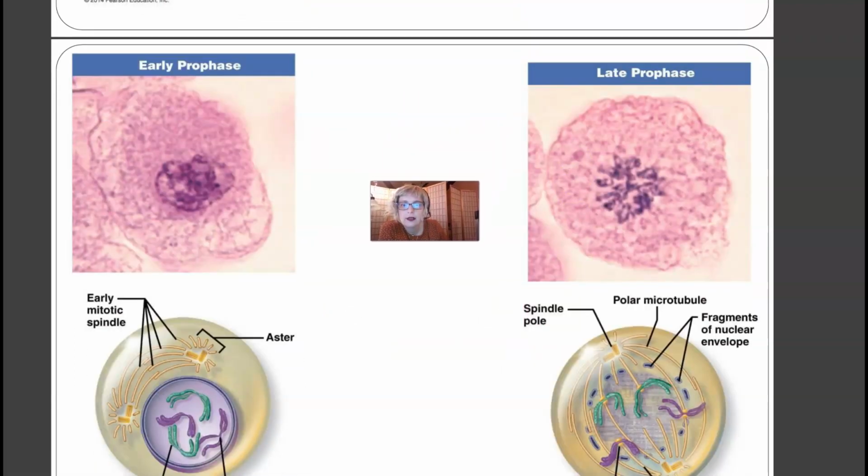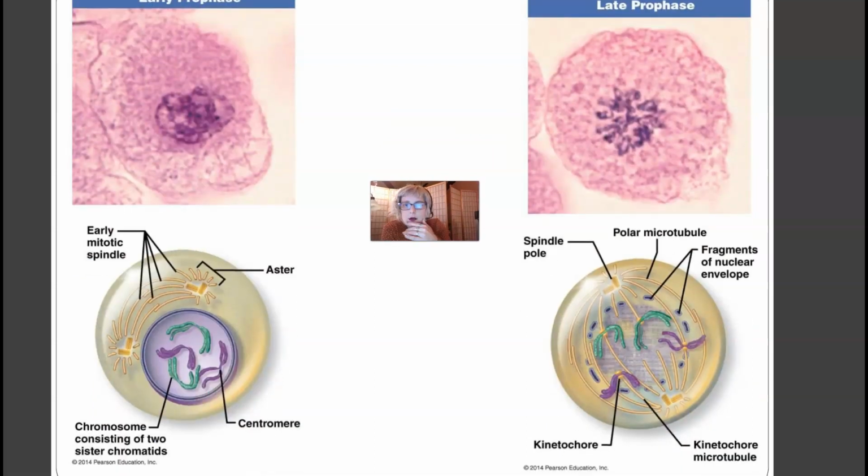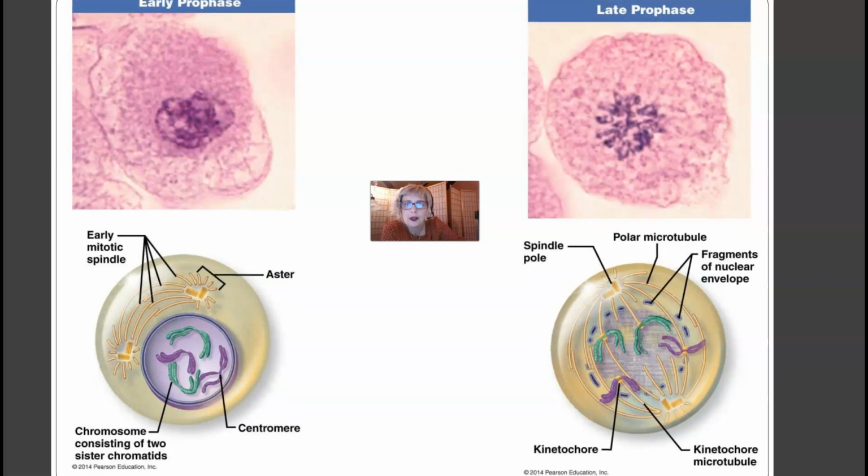Very annoying. Okay, I guess I'll have to deal with it this way. So now we're talking about early prophase and late prophase. What's the difference? There have been issues with this when it came to taking tests because it could be a little bit confusing, but I would really prefer that you look at plenty of microscopic slides and see the difference in appearance.